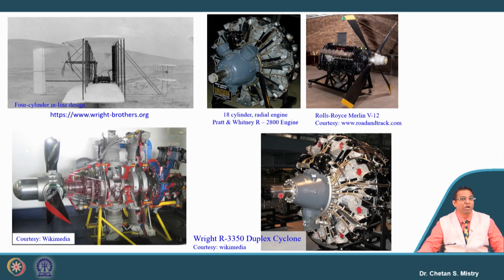Now if you look carefully, you must be realizing that as my requirement of power is increasing, why am I looking for more power? Because I want to generate more thrust. For that purpose, the size of my engine will be increasing. At the same time, the weight of the engine will be increasing.